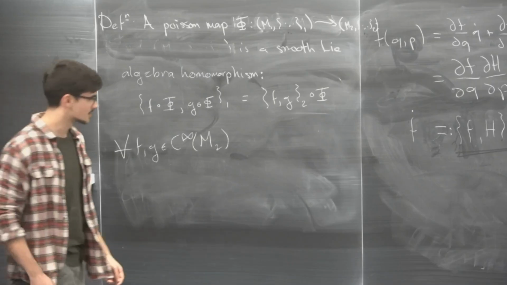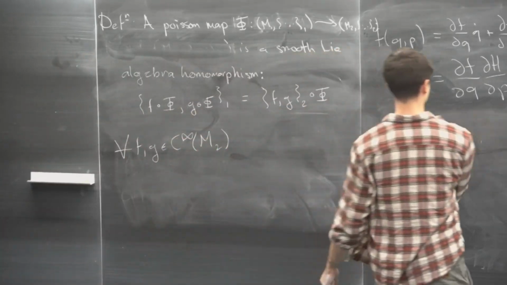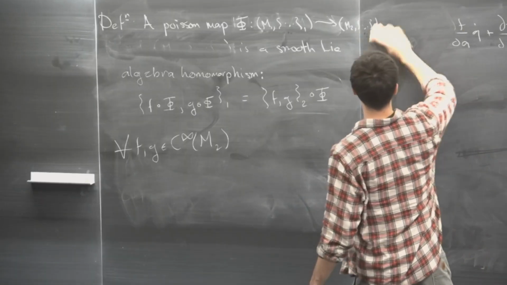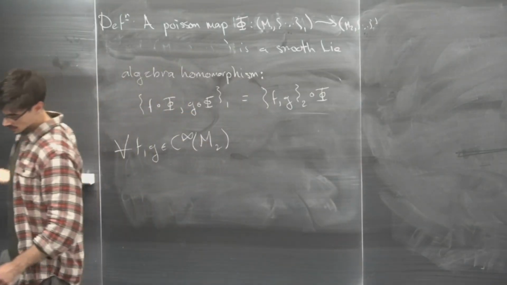This won't come up again, but another thing that pops up on manifolds is vector fields, and we actually have a notion of that.